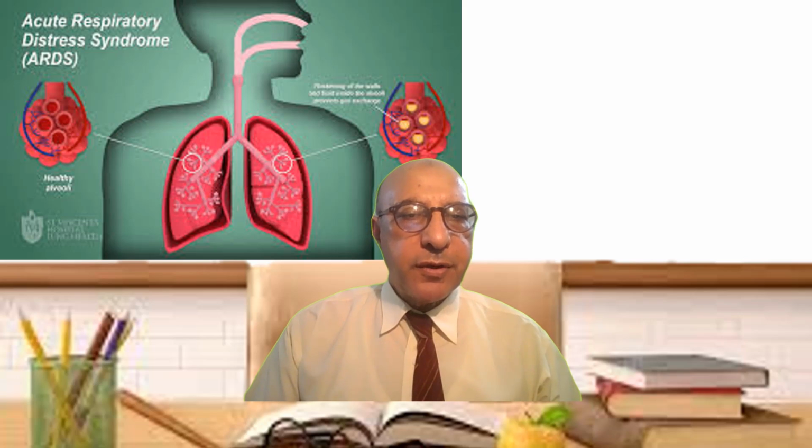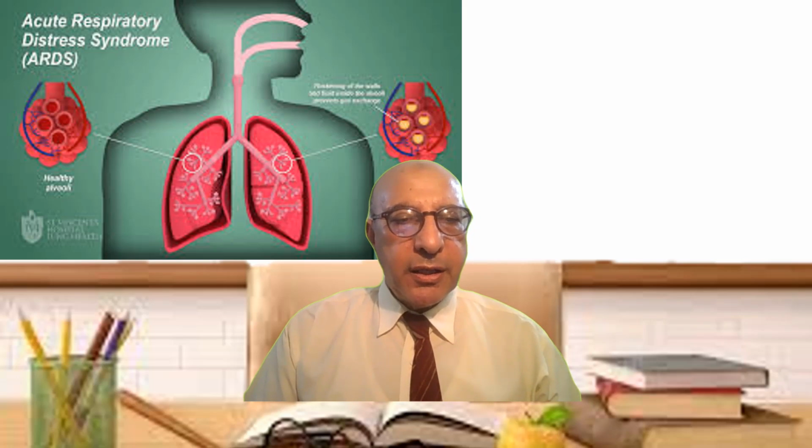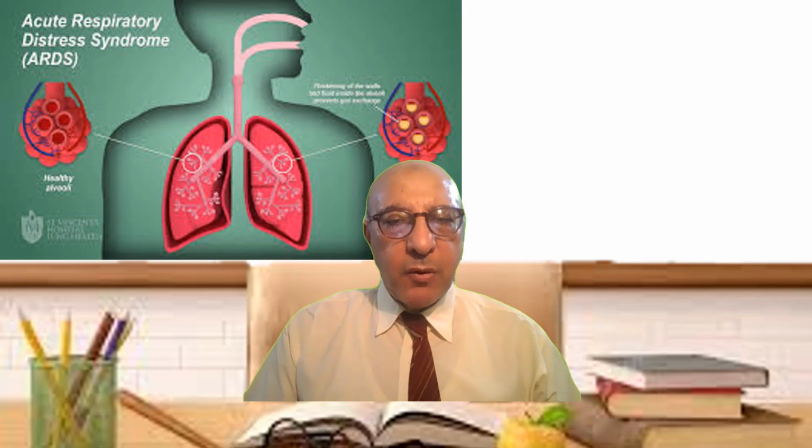Actually, in this figure you can see on the left side a normal healthy alveoli completely free of any fluid, while on the right side we have a case of ARDS with fluid filling up the alveoli, preventing gas exchange.